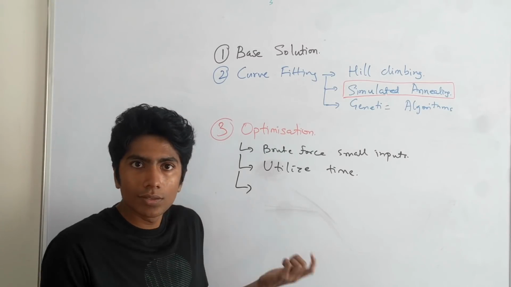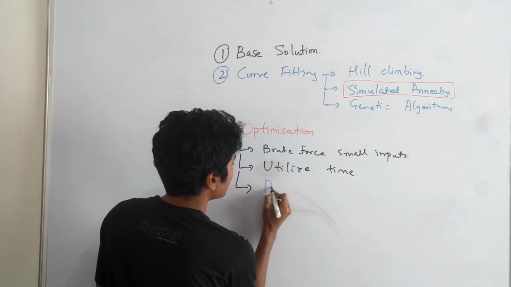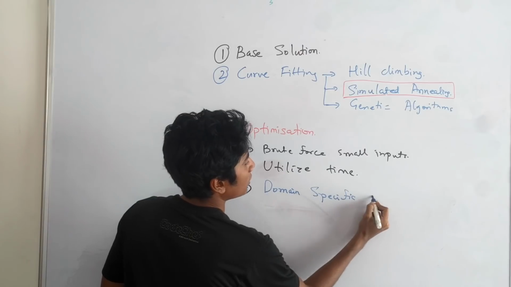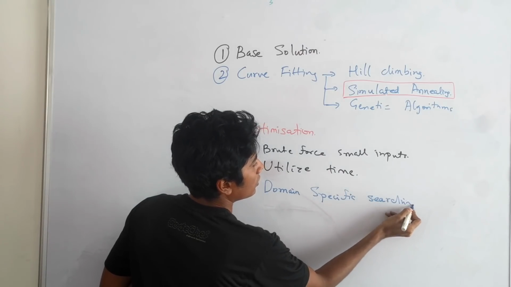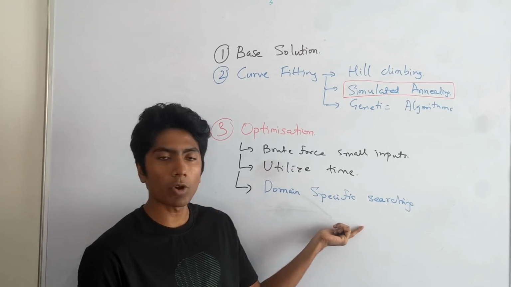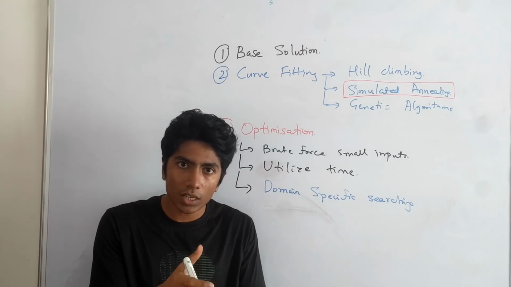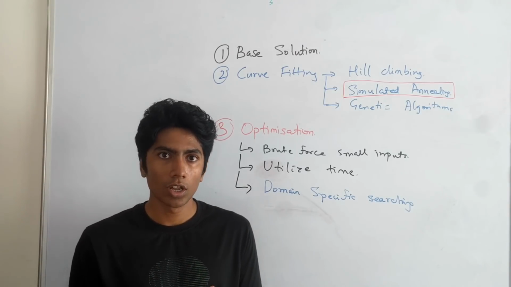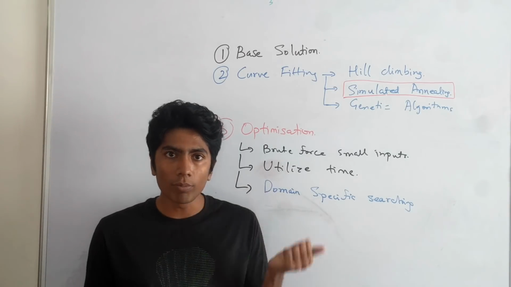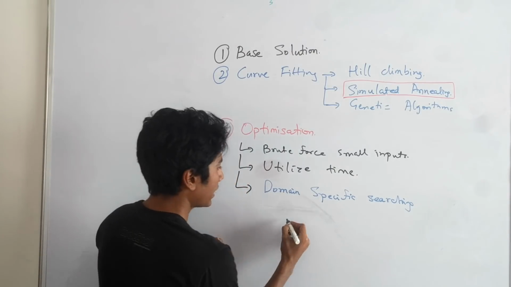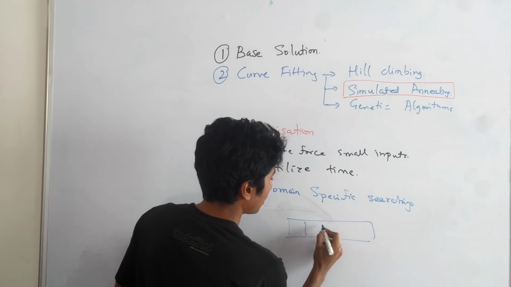The final one is the most exciting one, which is domain specific searching. Domain specific searching basically means using the problem statement, finding some interesting patterns in the problem to get a better solution. Alright, so taking the problem that we were talking about earlier, B is the array given to you, right?